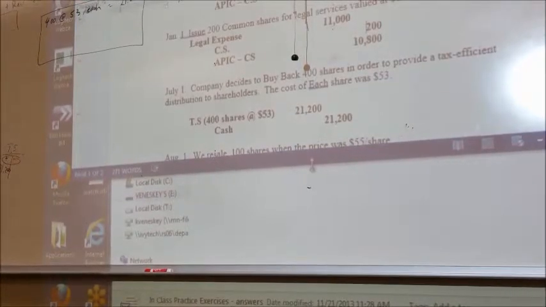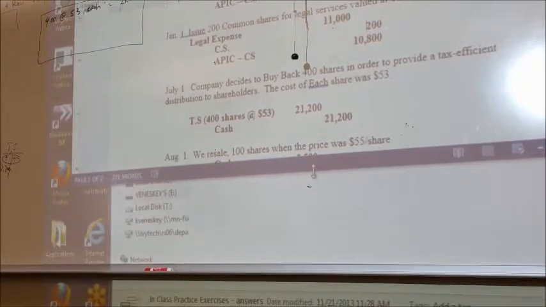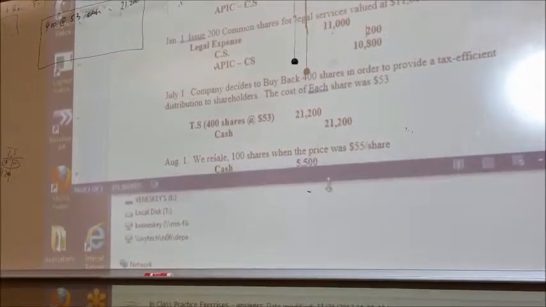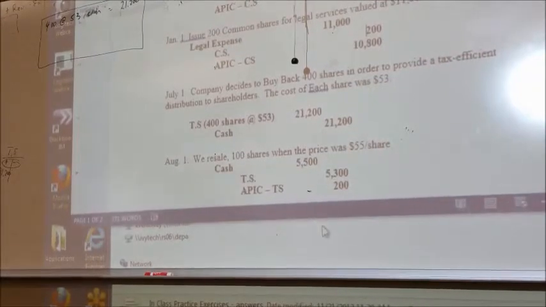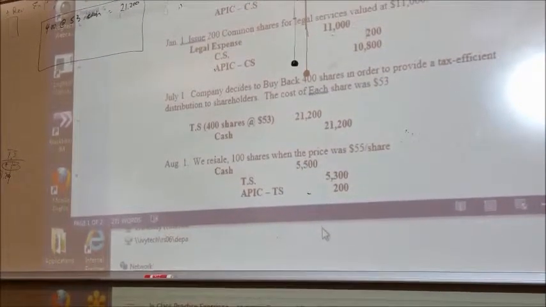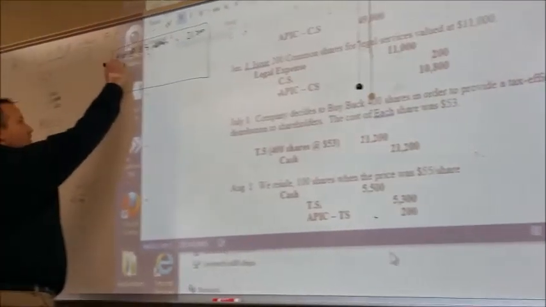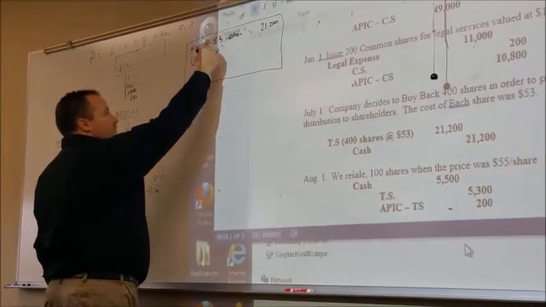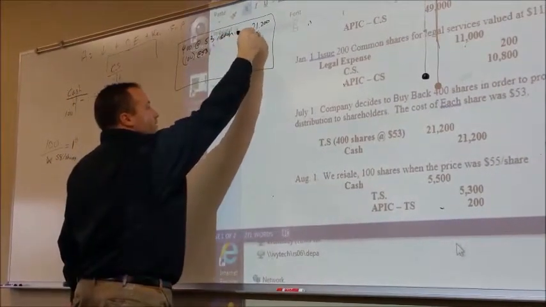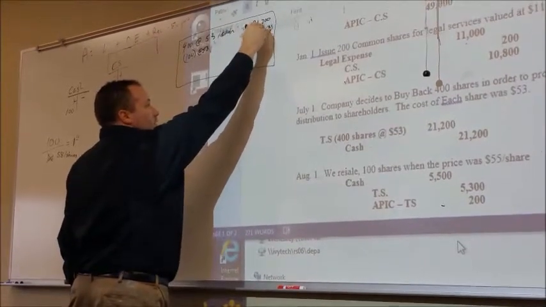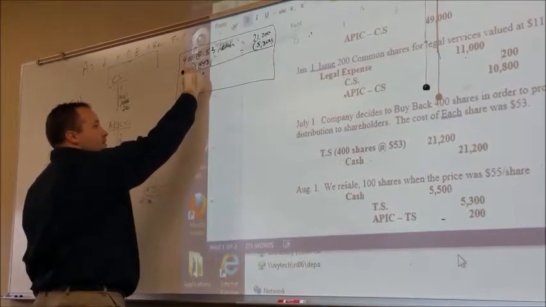So on this next one, if we resell the stock for $55, like before, that would be considered a gain. And what we call a gain is additional paid-in capital for the treasury. I resold 100 shares, and they cost me 53. So I got rid of 5,300. So I'm down to 300 shares.